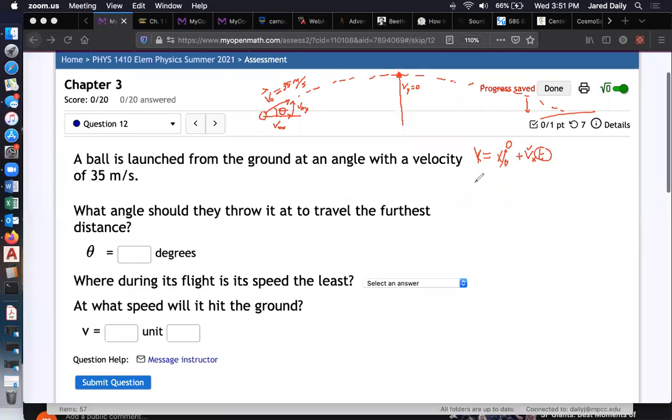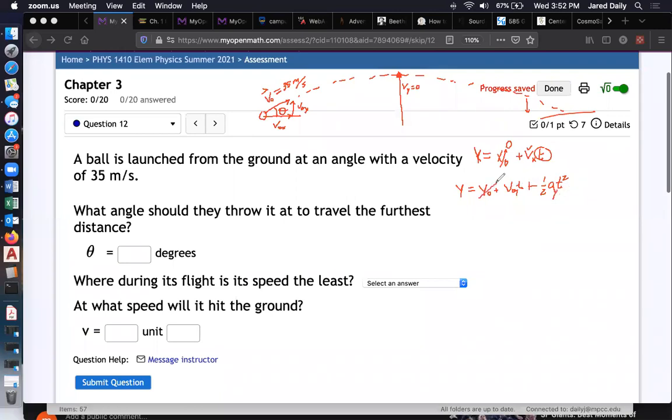Just like the previous problem, we can calculate the time by using this equation here, where our final y equals our initial y plus velocity initial in the y direction times time, plus 1/2 a t squared, where a is equal to negative 9.8 meters per second squared.